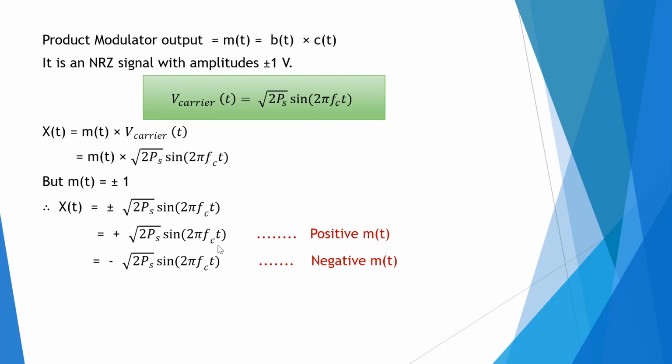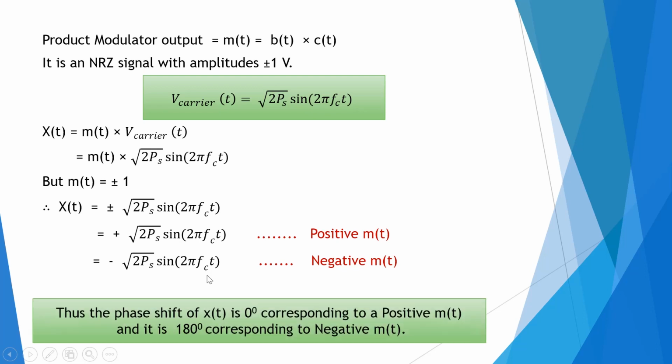And when M of t is negative, our output, that is the DSSS BPSK signal, will be minus square root of 2 Ps sine 2 pi fct. Thus the phase shift of X of t is 0 degrees corresponding to positive M of t, and it is 180 degrees corresponding to negative M of t.